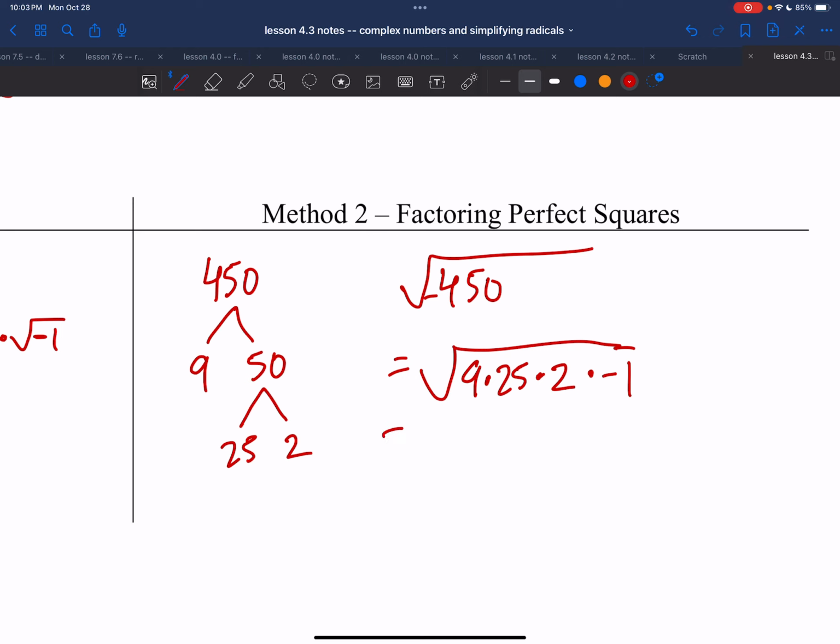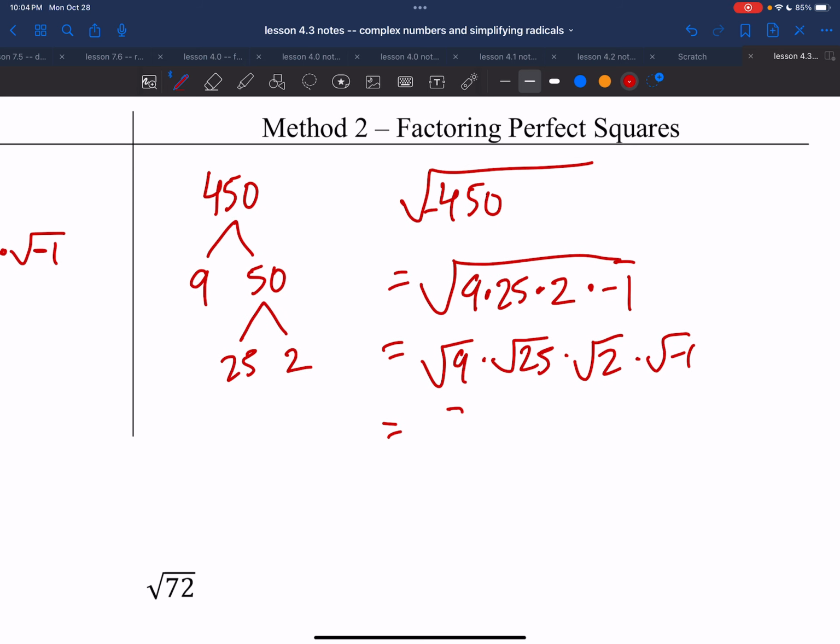And so then now you know that that's square root 9, square root 25, square root 2, square root negative 1. And so you can say, okay, that's 3, 5, root 2 we don't know, and then root negative 1 is i. So there it is again, 15 root 2 i. And you're done.